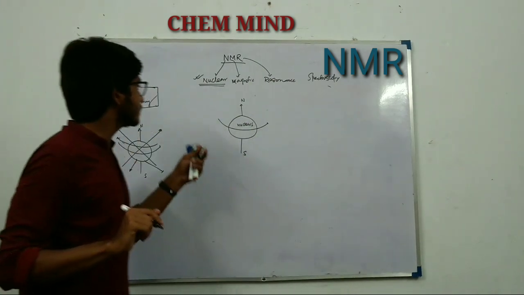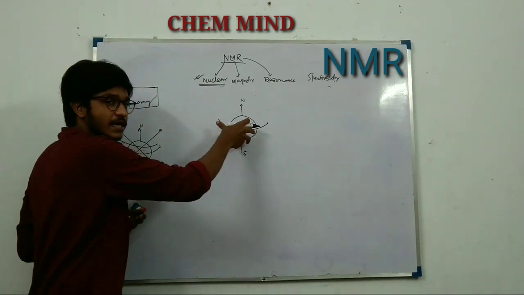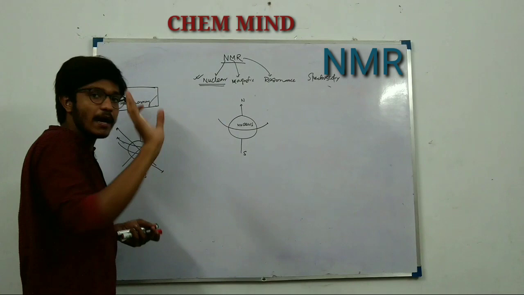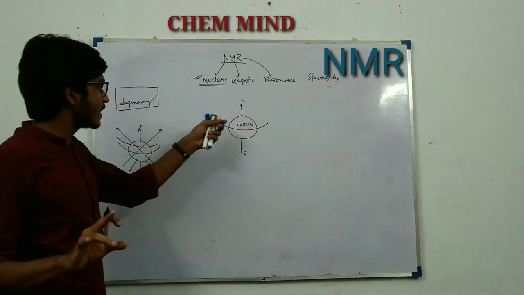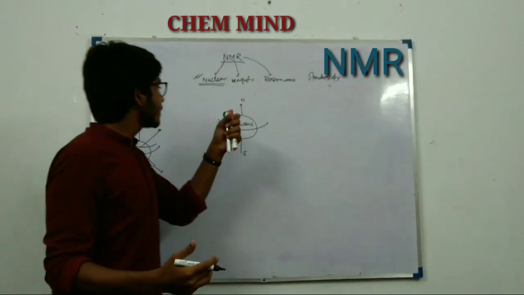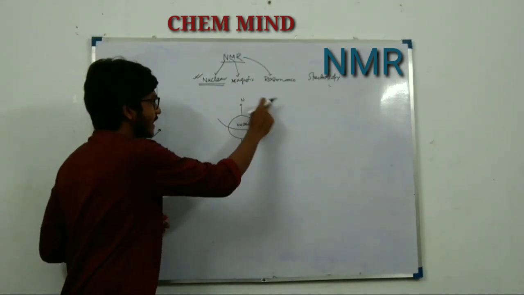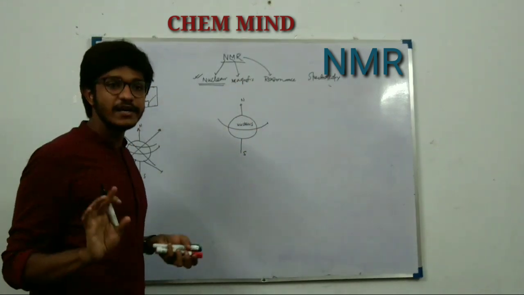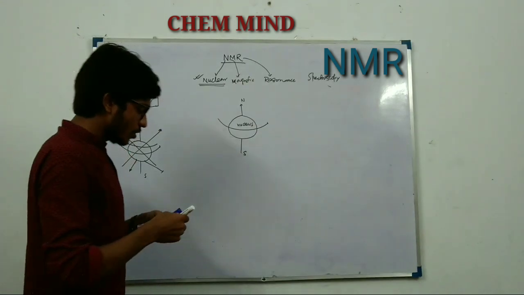So the nucleus itself acts as a magnet, and this magnet can rotate in every possible direction. This particular state is known as the degenerate state.